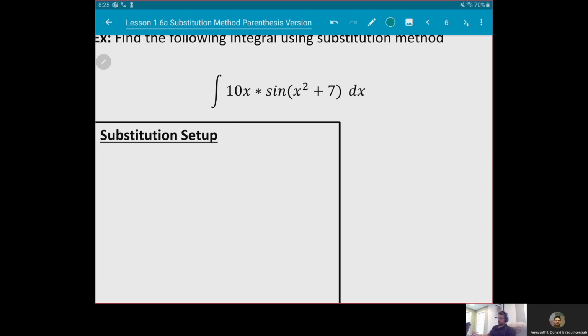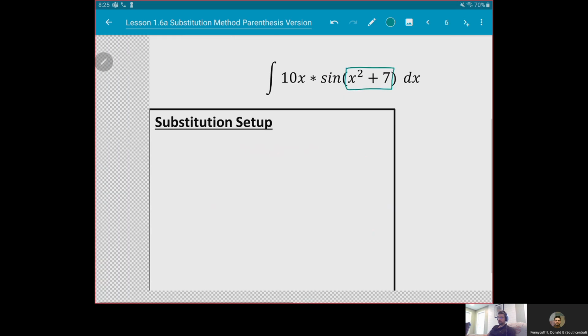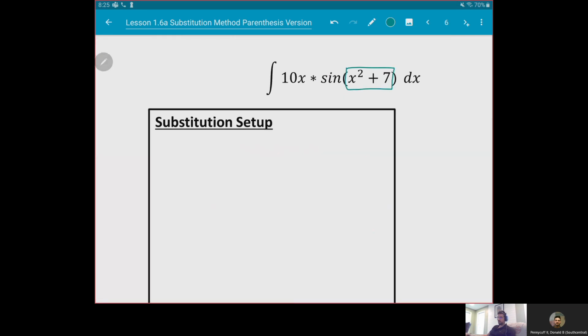The theme is you get rid of the entire inside of the parenthesis, not the trig function. That's the mistake I always made. I hated trig. I wanted it gone. I would be like, u equal to something, and then it wouldn't work. You can't be too greedy on substitution method. It's Goldilocks, just enough to get everything to go away and then work your problem, okay?